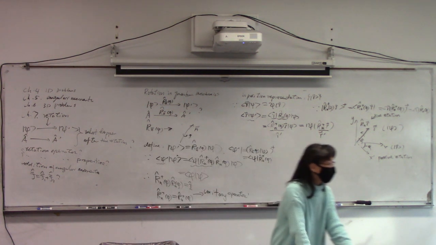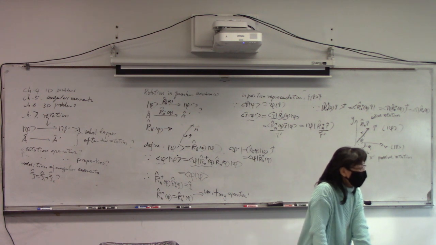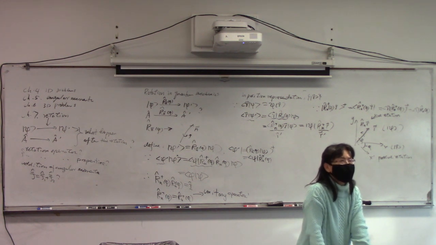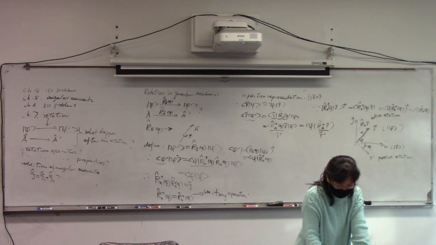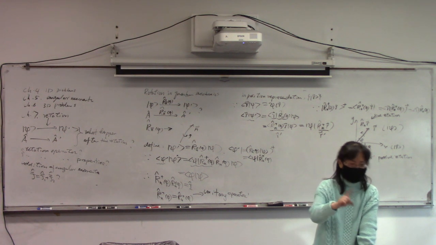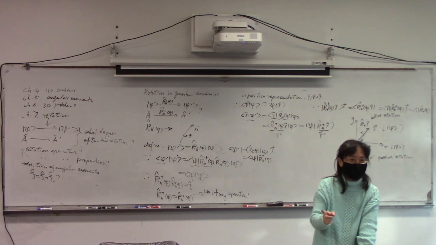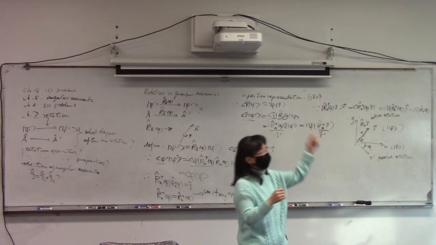Did you talk about this in classical? Yeah, I'm trying to. Chapter 8. We introduced infinitesimal transformations, and one of the transformations is rotation. So from A to B, remember that?